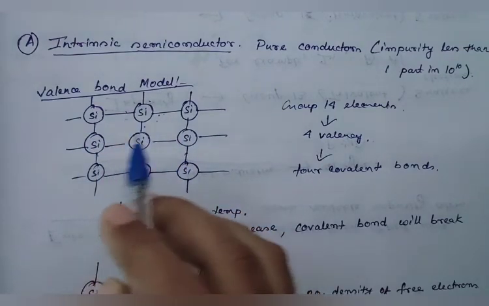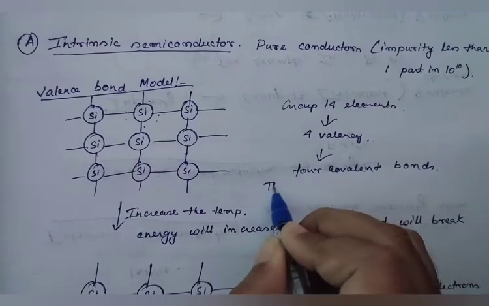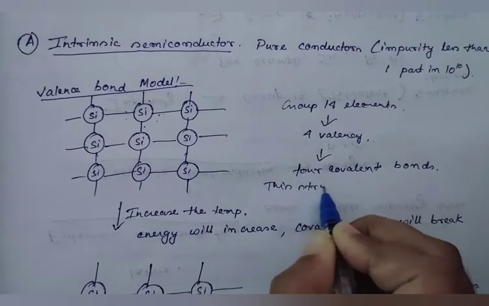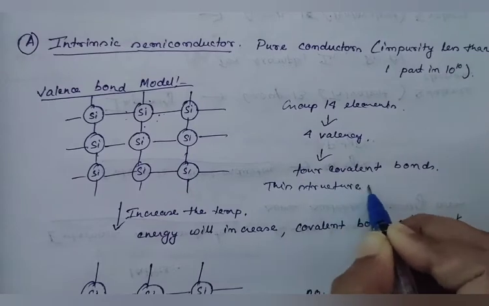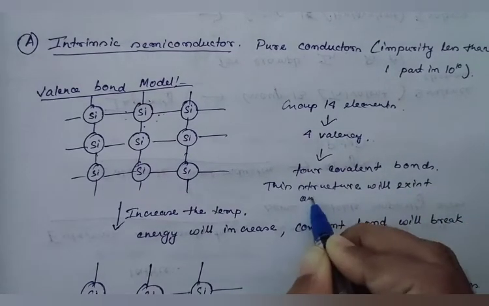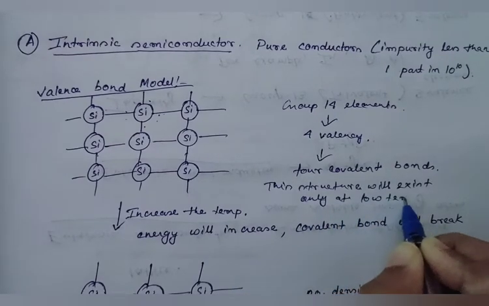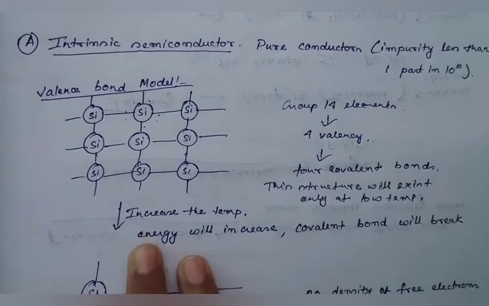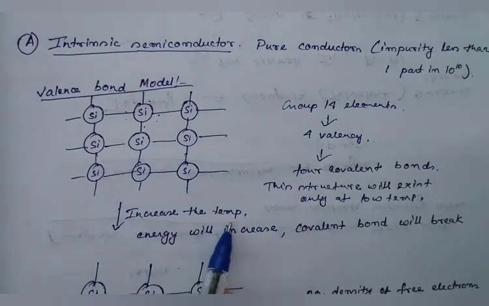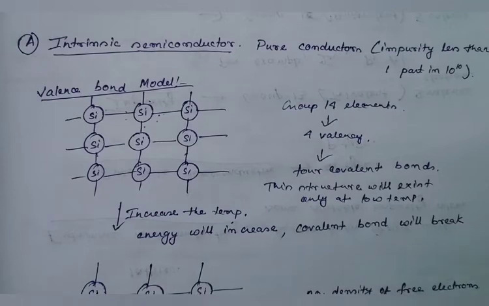This structure will exist only at low temperature. Now as the temperature increases, the thermal energy of the valence electron increases and the covalent bond will break.